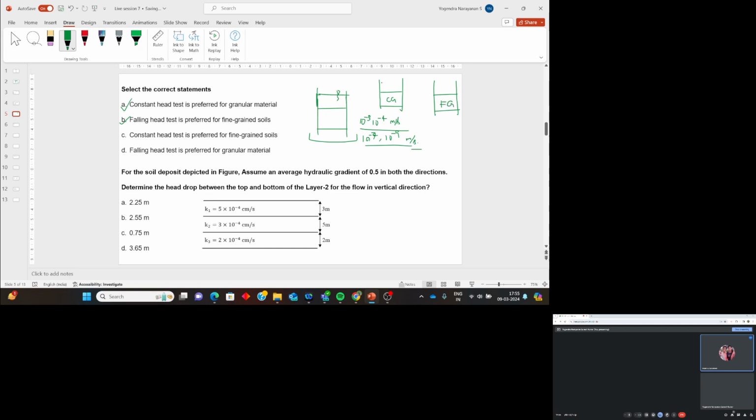And in both samples you are conducting, let us say, falling head tests. I hope you remember what is falling head test. This is the water. Now you are starting the experiments. So what will happen to the fall in head for coarse grained compared with fine grained?